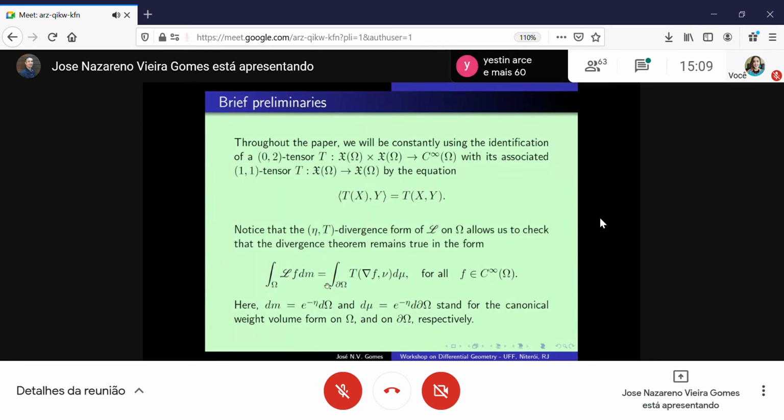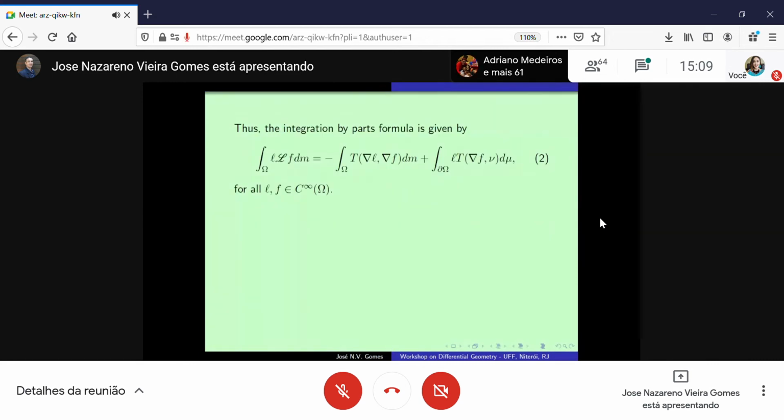Here, this one and another one stand for the canonical weighted volume form on omega and on the boundary of omega. The integration by parts formula is given by this equation.